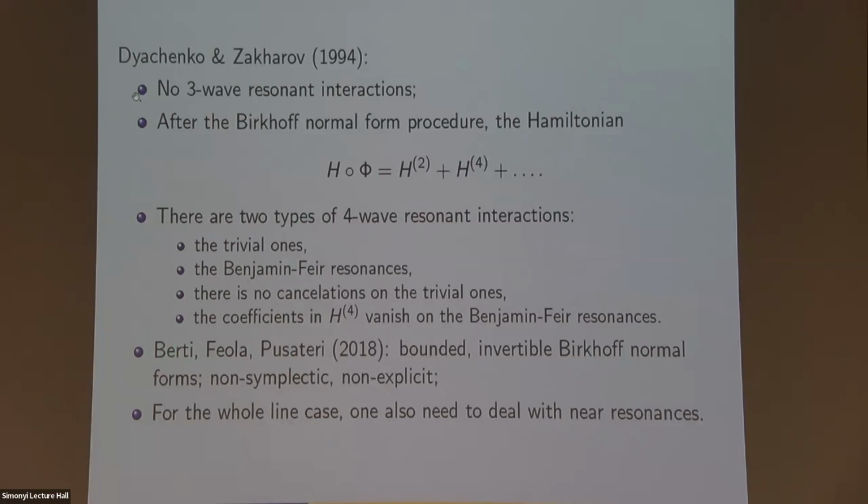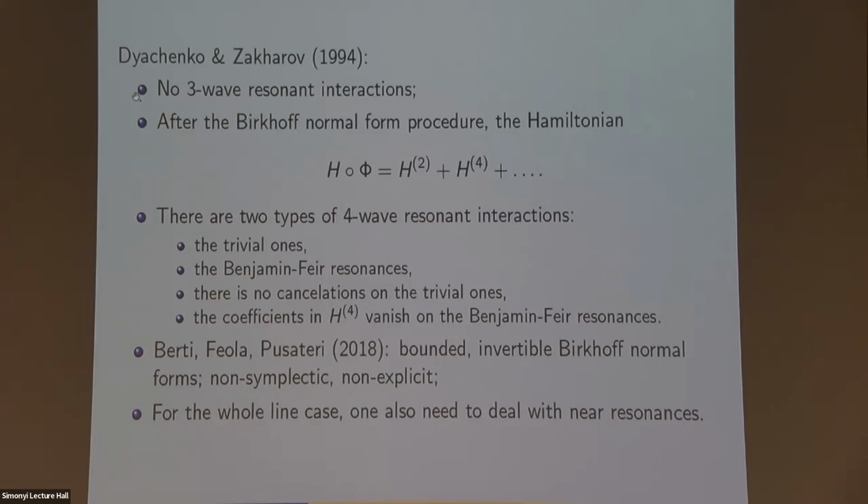They use a series of reductions based on solving partial differential flows. What they eventually got is non-symplectic, and their Birkhoff normal form reduction is also non-explicit, because they're solving partial differential flows.